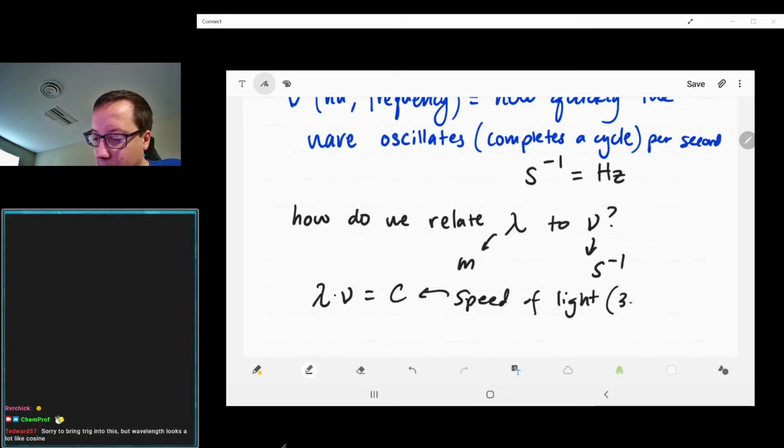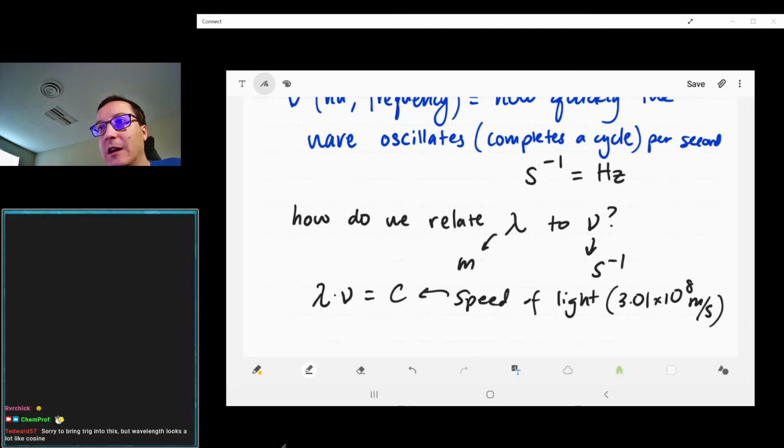You don't need to memorize this number, but that's how we relate these two. So we're going to see that the speed of light is a constant number, 3.01 times 10 to the 8th meters per second. And we now have the frequency as well as the wavelength of light.